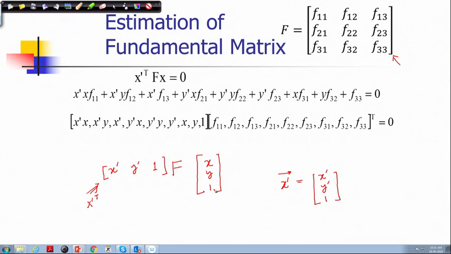Now consider the multiplication of these matrices. If you expand, you will get this equation. That is how this equation is derived.